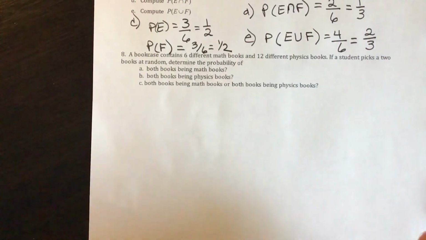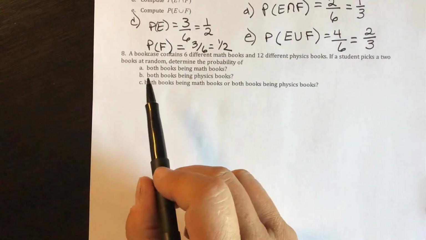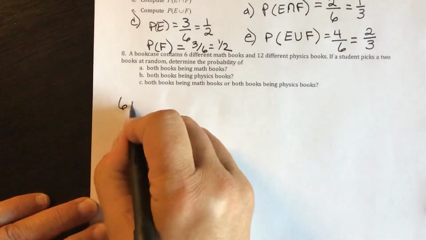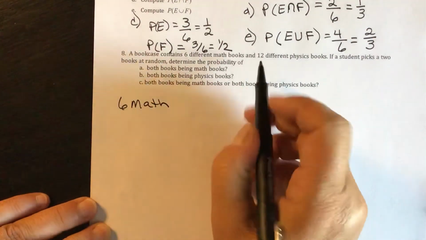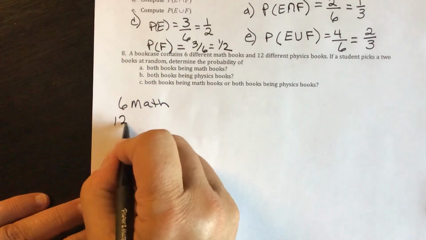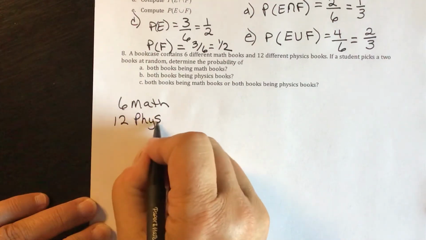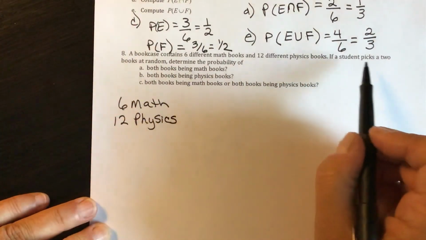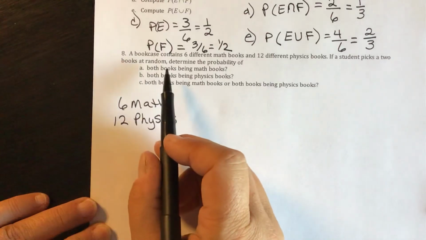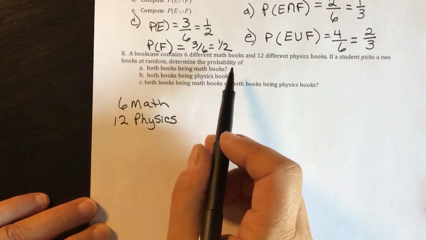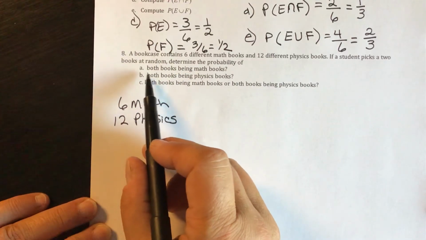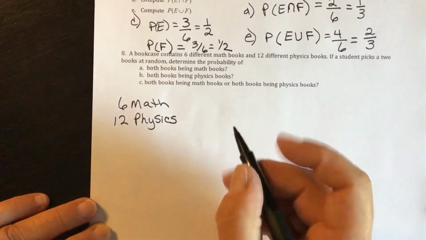Number 8. You have 6 different math books and 12 different physics books. And a student picks 2 books at random. Determine the probability that A, both are math books.